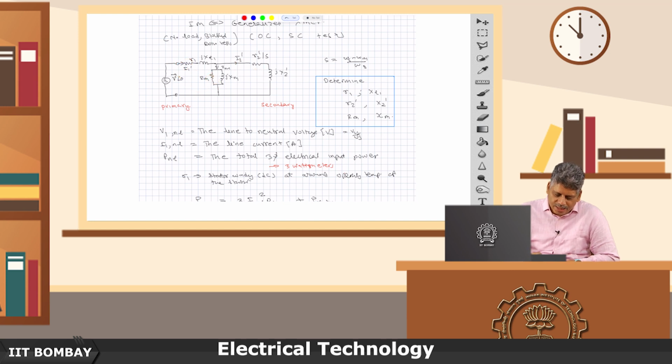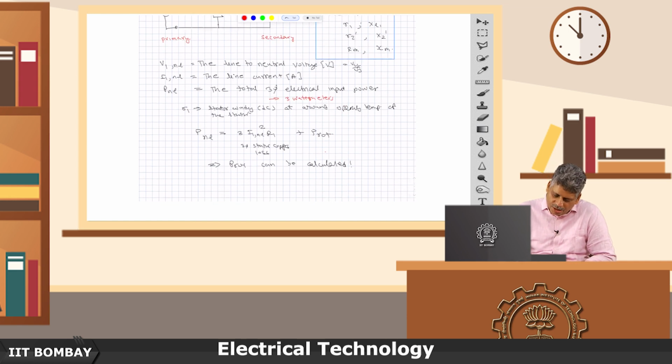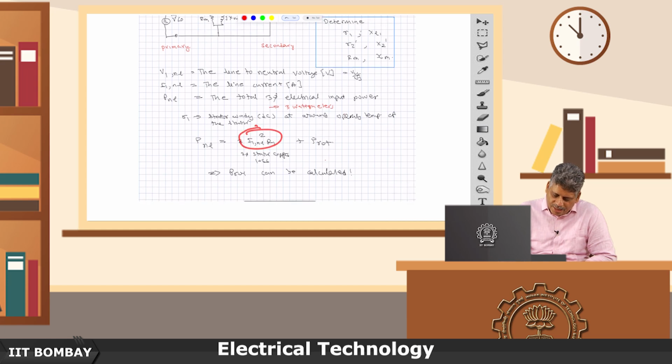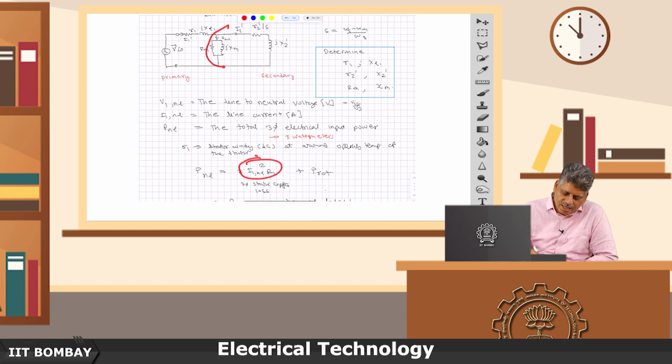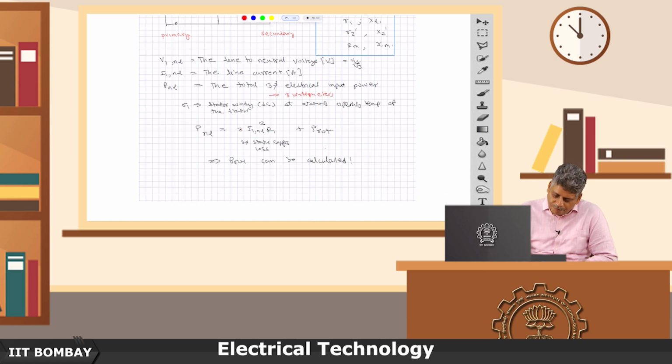Then whatever current is flowing creates this copper loss, and all the rest is transferred in overcoming friction and windage losses associated with the rotor. So, this is what is going to happen.